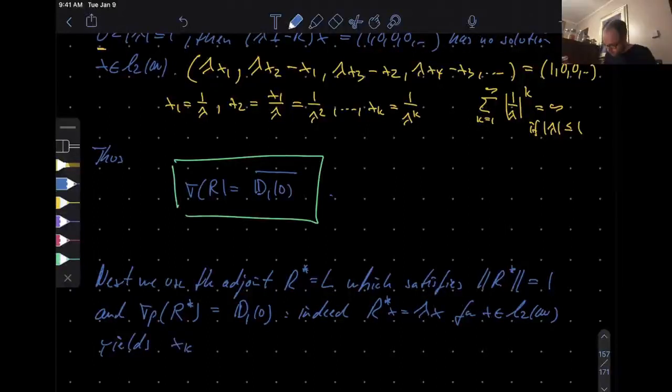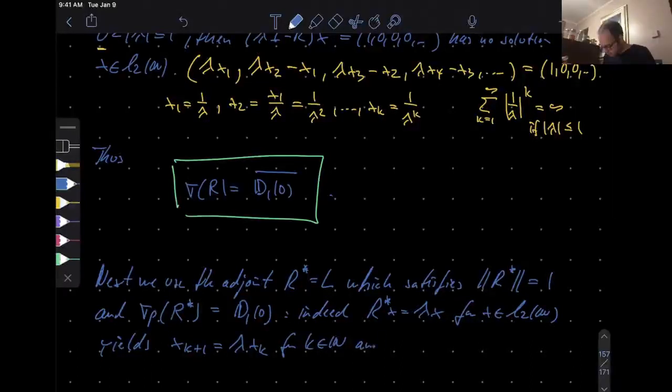So this time you just get x_{k+1} is equal to lambda x_k. Because it is the left shift, right? So the left shift, it shifts everything to the left. It doesn't insert a 0 anywhere. It just suppresses the first entry and puts the second entry into that place, right? Yields this for any natural number.